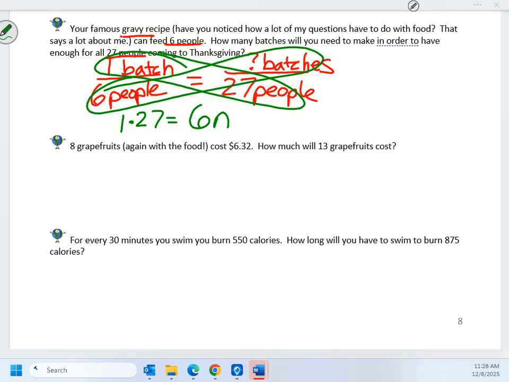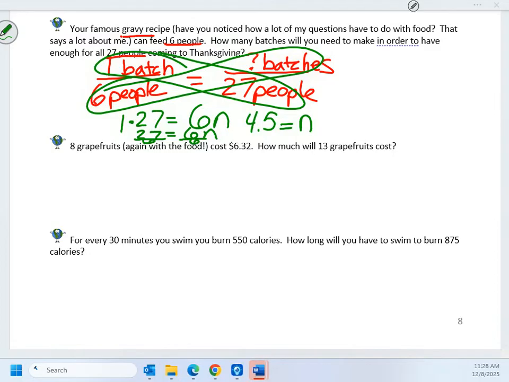So 1 times 27 we know is 27. We need to divide by that 6 on both sides. What is 27 divided by 6? Gavin? 4.5. So I need to make 4.5 batches to feed all 27 people coming for Thanksgiving dinner.